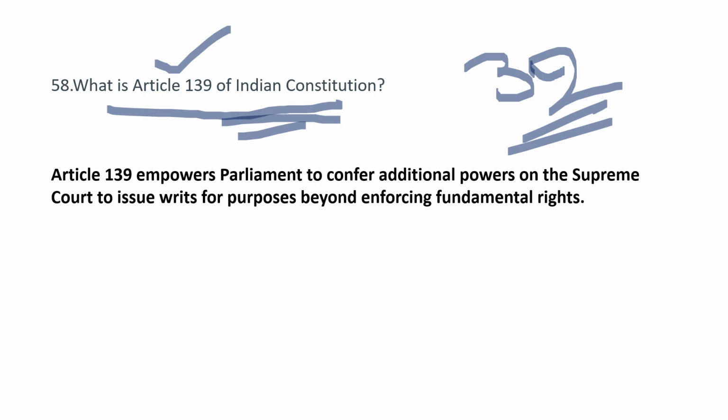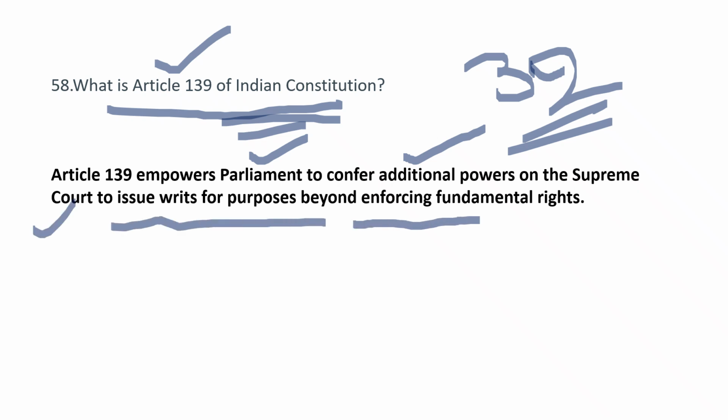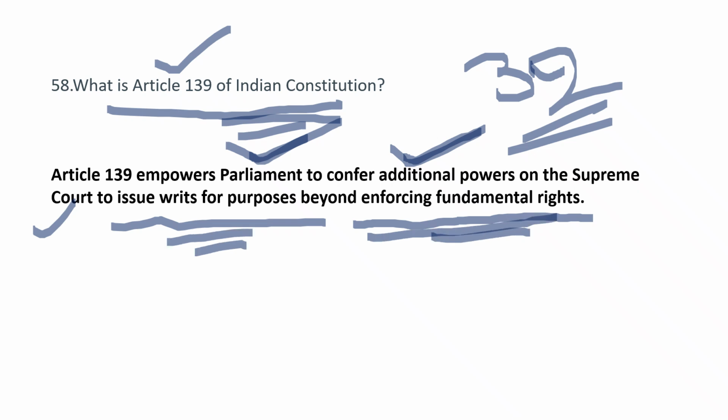Article 139 empowers the Parliament to confer additional powers on the Supreme Court to issue writs for purposes beyond enforcing the fundamental rights.